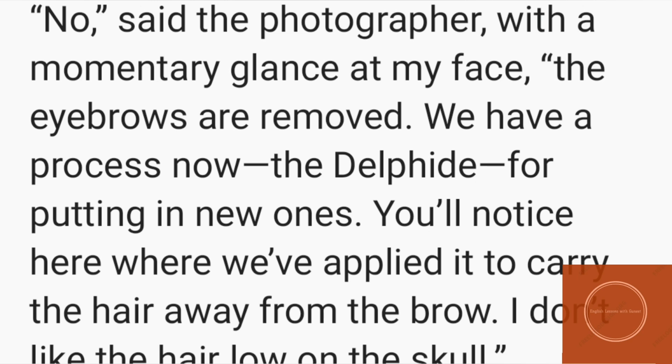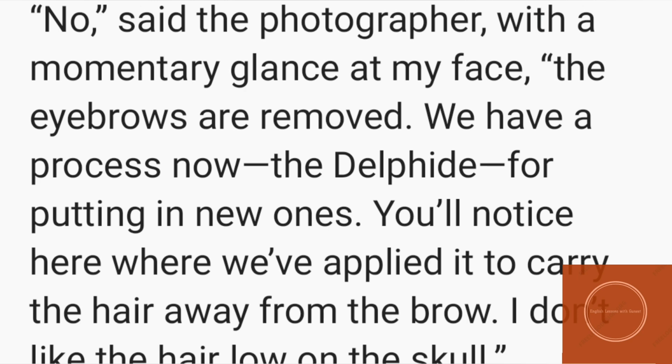Now, the person asked about the eyebrows because they didn't look like him. The photographer says something shocking, because he had removed the person's eyebrows and put new ones instead. Means the eyebrows in the picture were not those of the person whose picture had been taken.